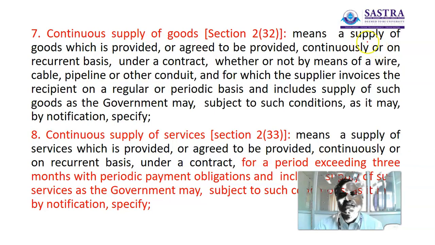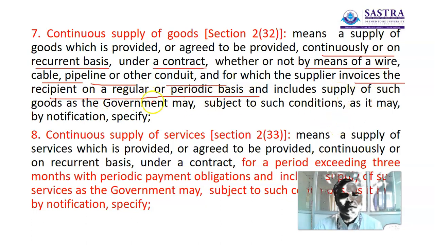Continuous supply of goods means a supply of goods which is provided or agreed to be provided continuously or on a recurrent basis under a contract, whether or not by means of a wire, cable, pipeline or other conduit, and for which the supplier invoices the recipient on a regular or periodic basis, and includes supply of such goods as the government may, subject to such conditions, specify by notification.